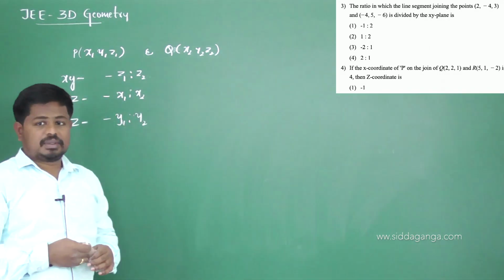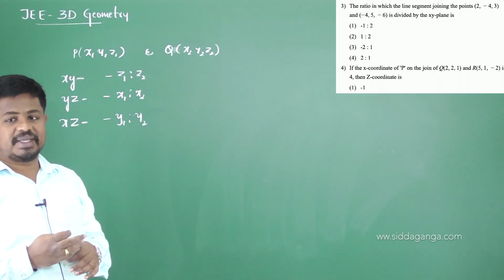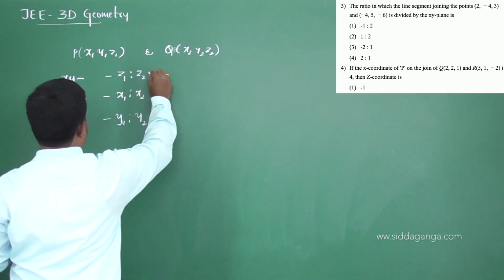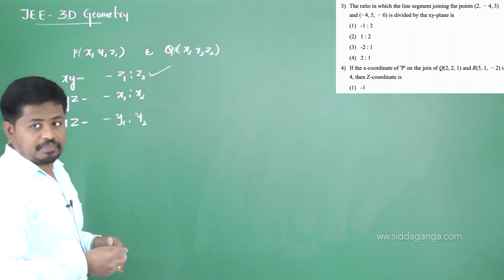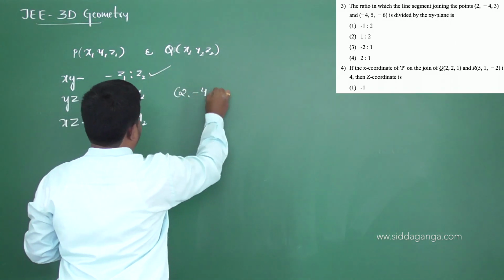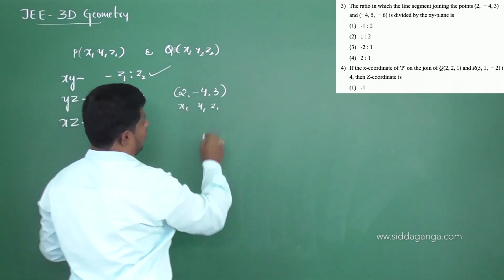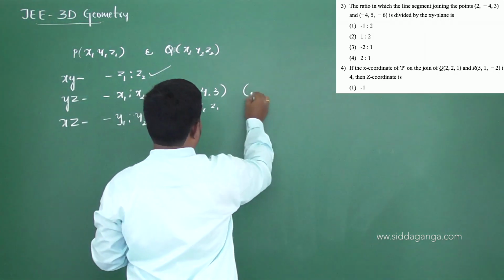Here we have the ratio in which the line segment joining the points is divided by the xy plane. So here, for the xy plane, the result is minus z1 is to z2. The points are given by (2, minus 4, 3), which is (x1, y1, z1), and the second point is (minus 4, 5, minus 6).